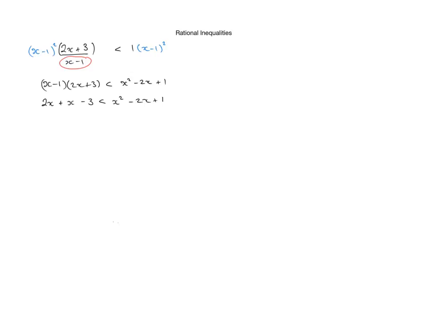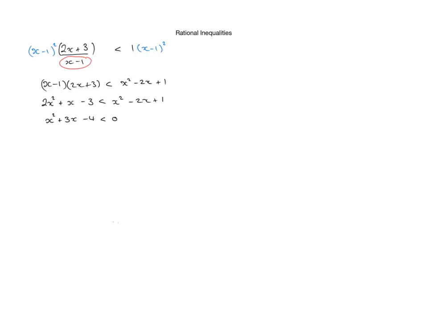So I'm going to take everything to the left-hand side, and we get x squared + 3x, and then we've got -3 - 1, which is -4. And that's less than 0. So that should be x squared + 3x - 4 < 0.